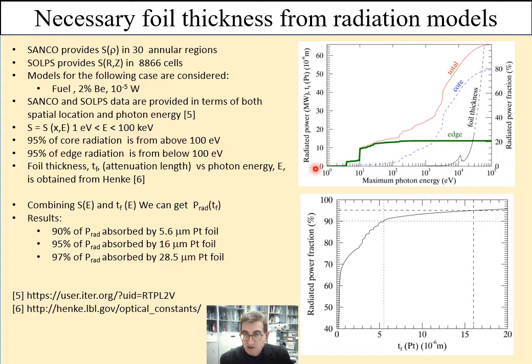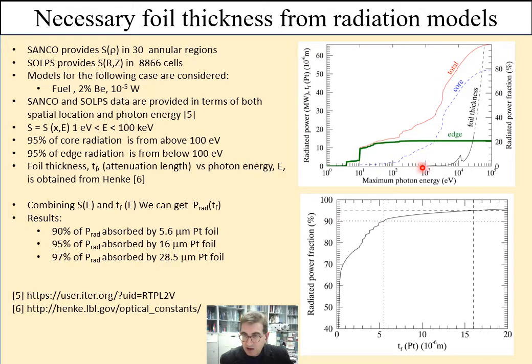So you can see from these plots that 20% of the radiation is coming from the edge of the plasma, from the SOL-PS part of the model, whereas the other 80% is coming from the core, with a significant fraction of it coming from the high energy Bremsstrahlung, the X-rays coming from the core.